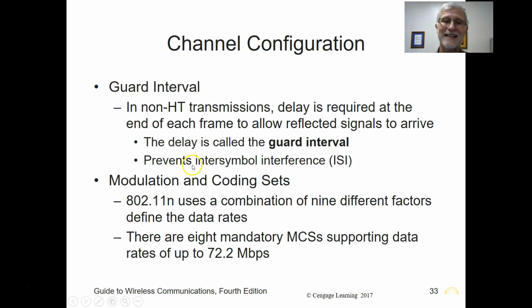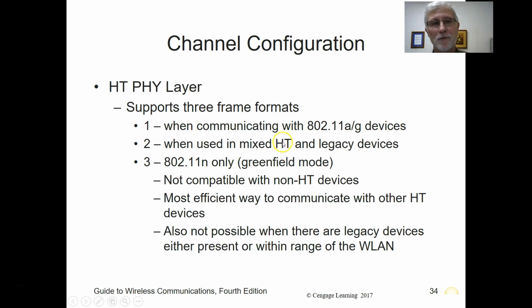It prevents inter-symbol interference, so having that guard interval helps. Now, the modulation encoding sets in 802.11n use a combination of 9 different factors. I'm not going to make you remember all 9 factors, but just know that to get those speeds up, you can go through them. Now, it supports 3 different frame formats.